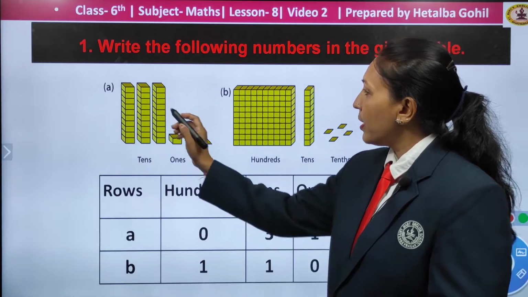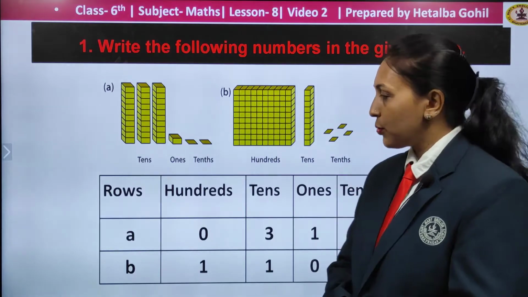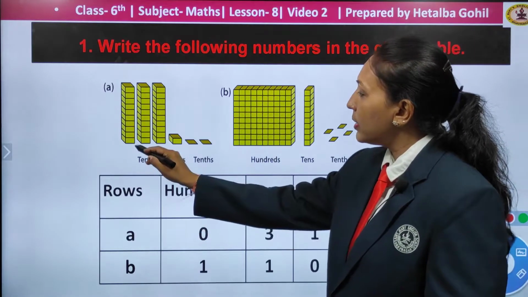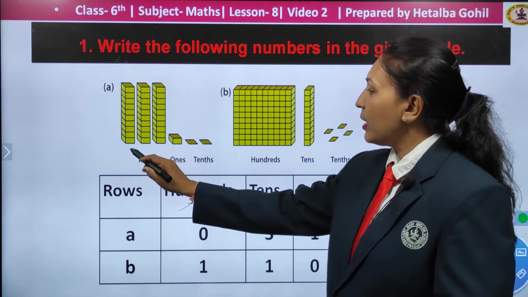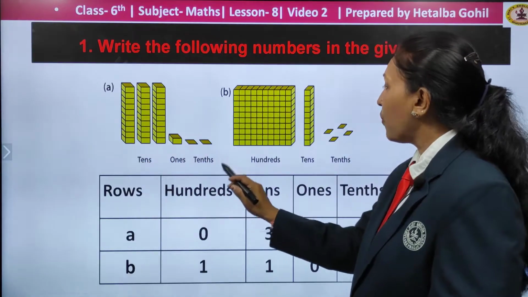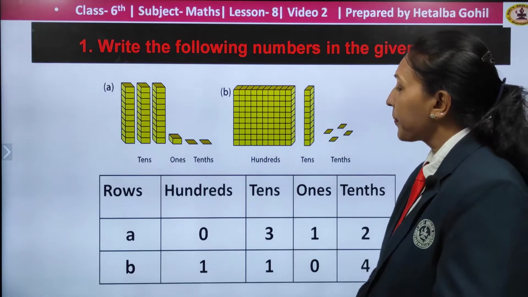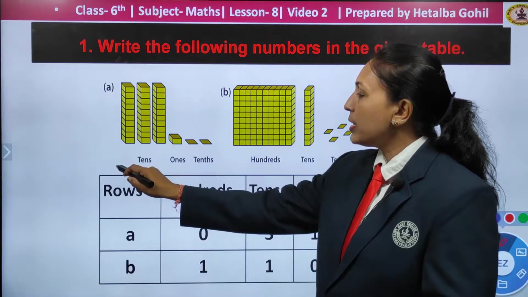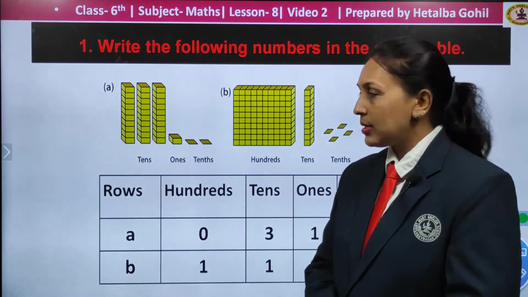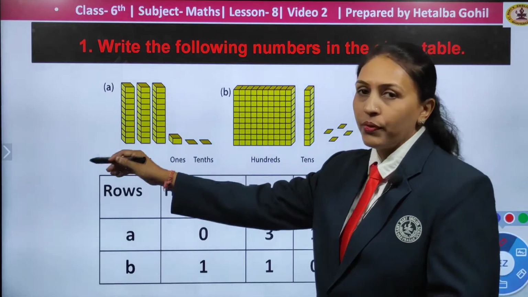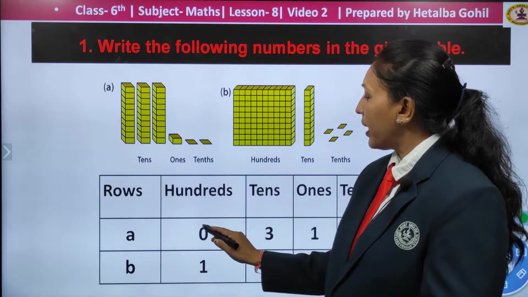So for A and B, 2 blocks are given to you. The first one, the place values we take as hundreds, tens, ones. Now here in the first one you do not have the hundreds. In the hundreds row we don't have any row, so we will put it as 0.